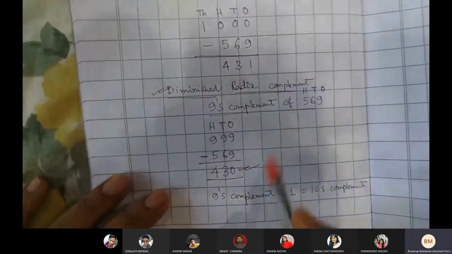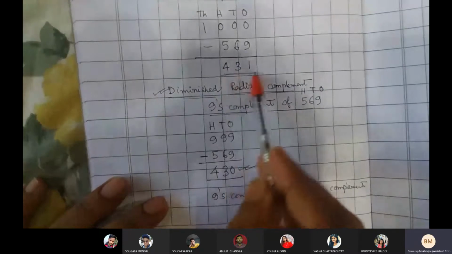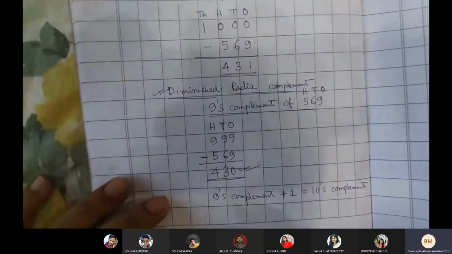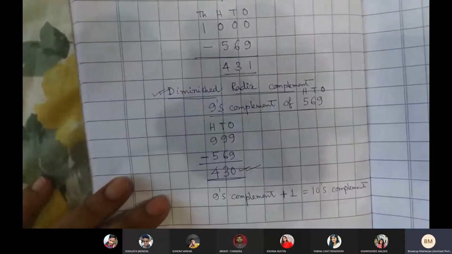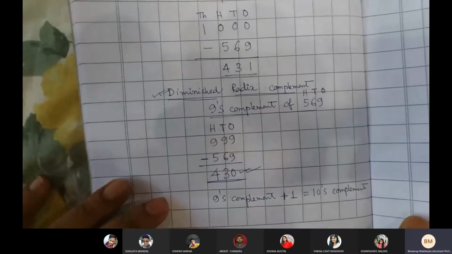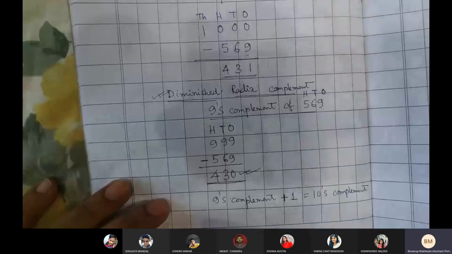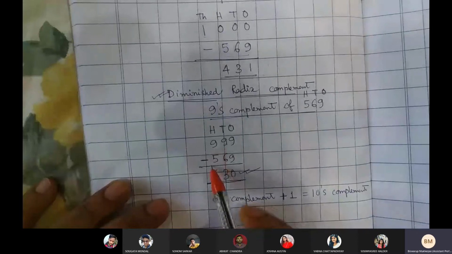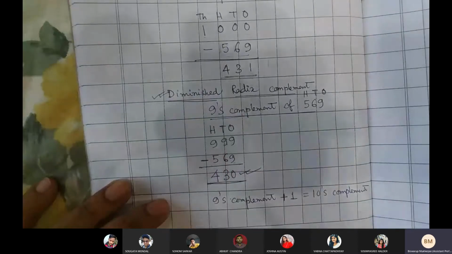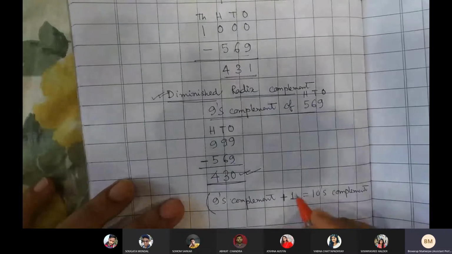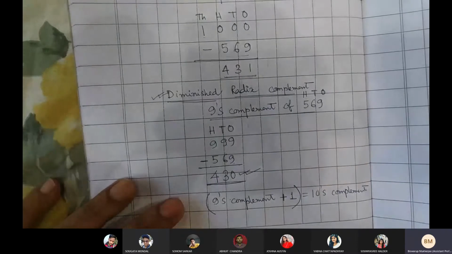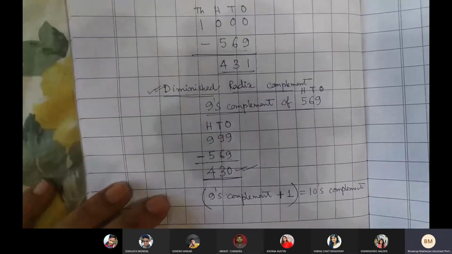As simple as that. So if 431 is the 10's complement, how can you get that one? You find the 9's complement and add 1. Because in case of 10's complement, it is 1000 minus 569. In case of 9's complement, it is 999 minus 569, right? So that is the process. 9's complement plus 1 will provide you the 10's complement.